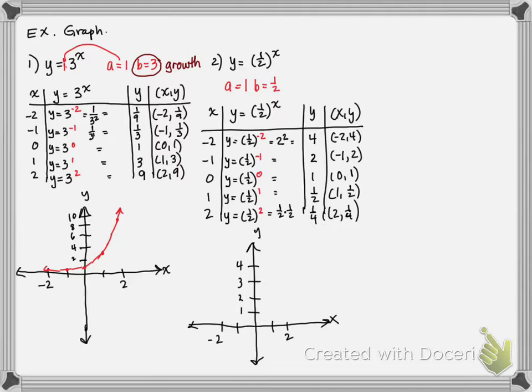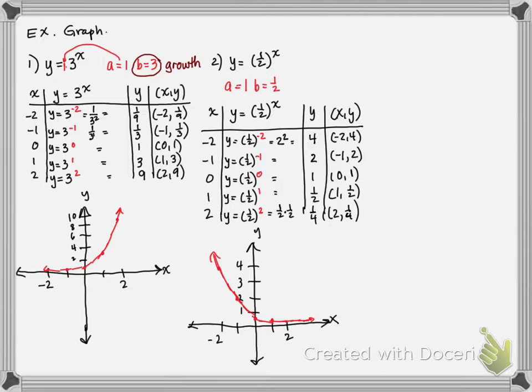So -2 up to 4, and then -1 up to 2, 0 is at 1, 1 is at 1/2, and 2 is at 1/4. So if I sketch this out, definitely a decay going on. Don't forget those arrow caps.